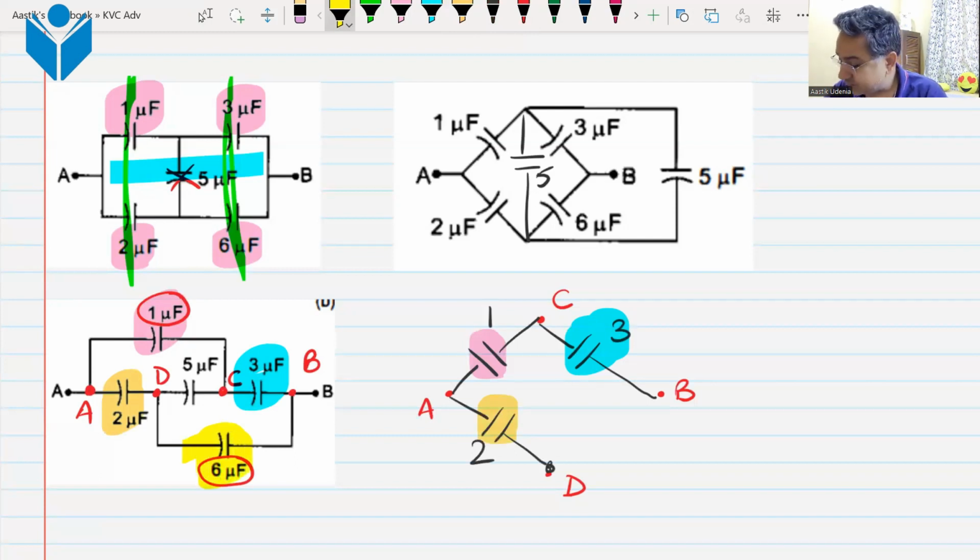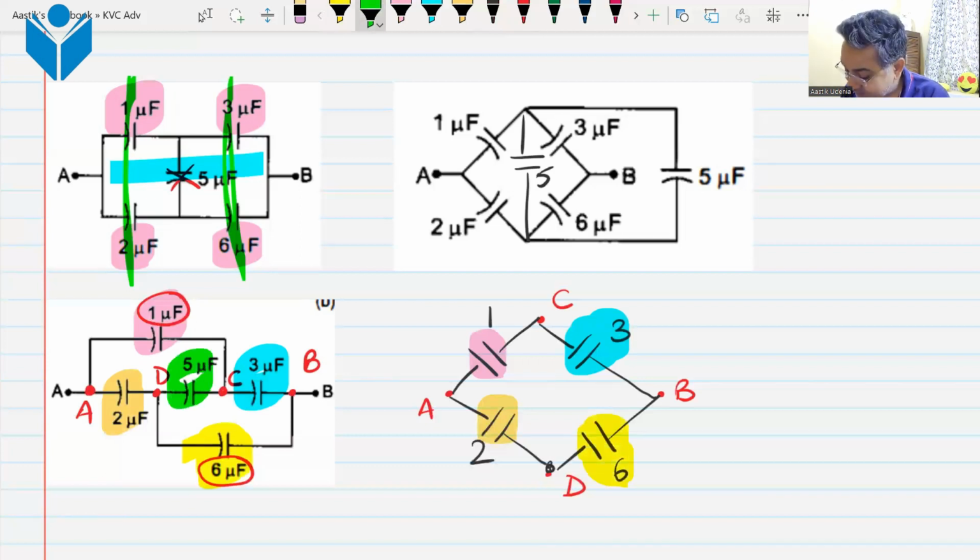I connect this 6 microfarad capacitor between point D and point B. One more capacitor is left, this green one. It is connected between C and D. So I connect this green one between C and D.